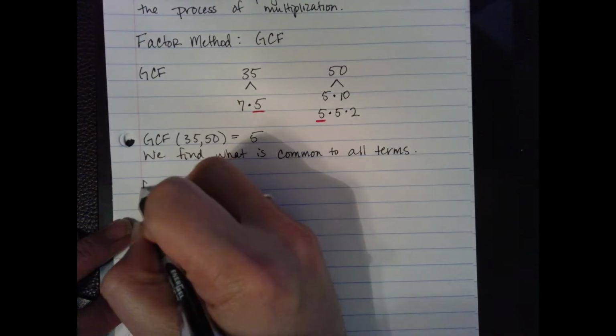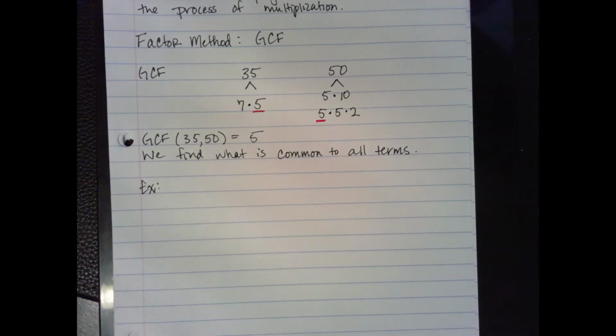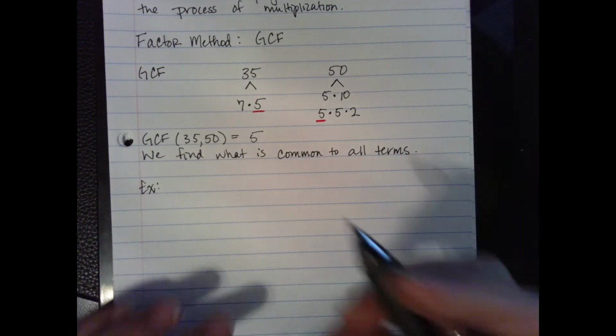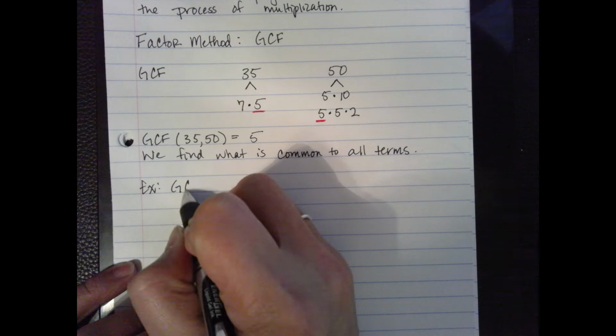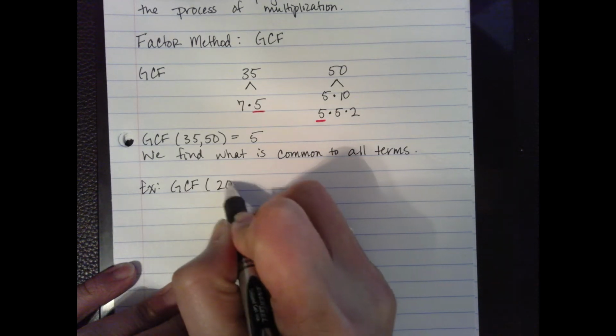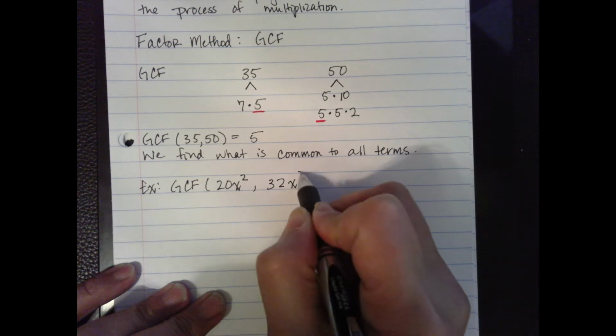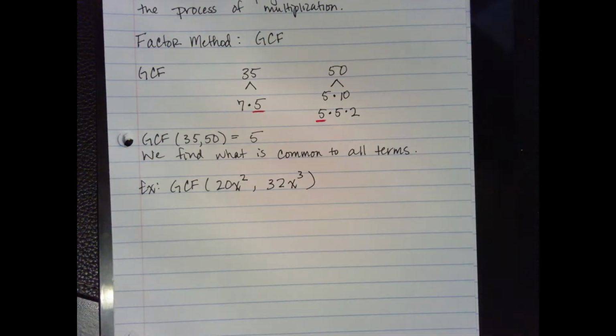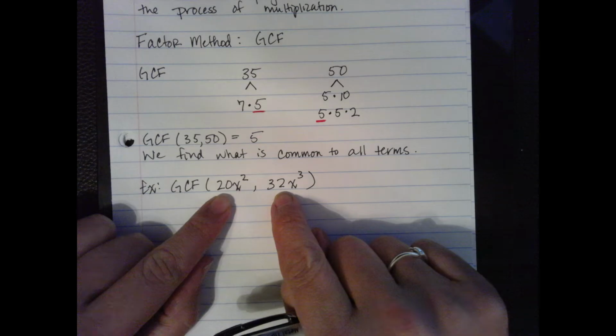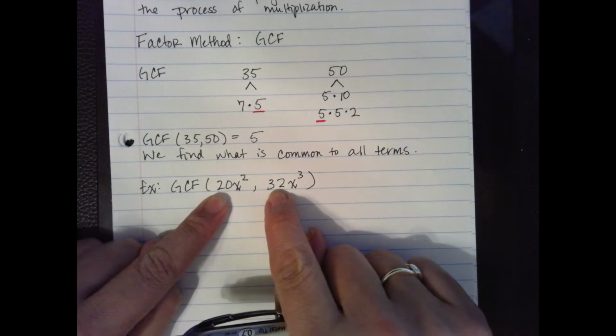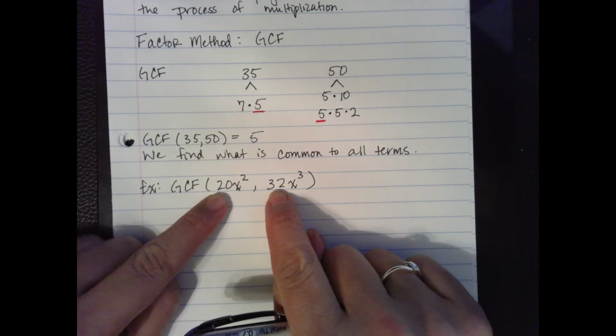So for example, we can find the GCF between two monomials. Let's say I want the GCF of 20x squared and 32x cubed. These are both monomials. When we're addressing these types of questions, we want to look at the factors of the coefficients and find what is common to both of those.